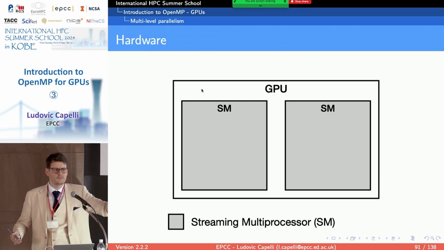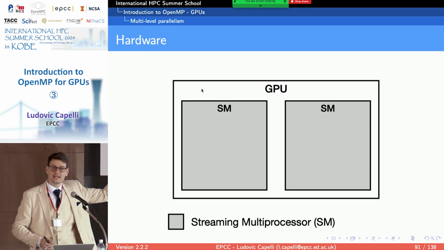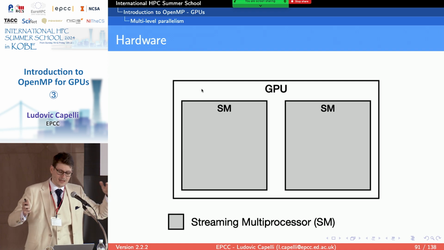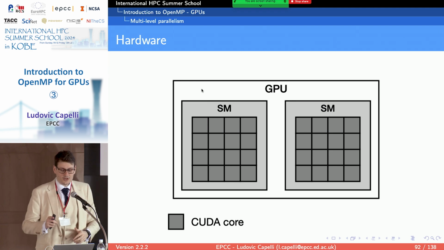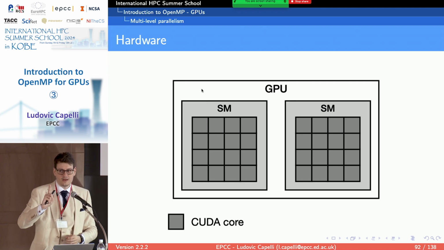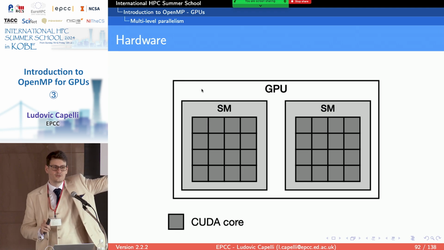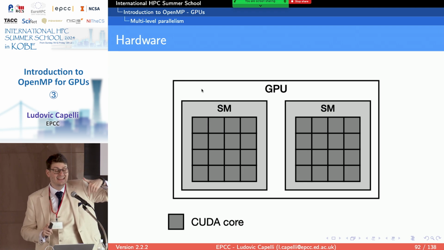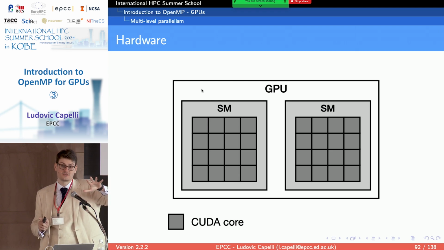It's the same on the GPU. You have many streaming multiprocessors, each of which has cores. We have multiple terminologies here. So we're going to have one level of parallelism to use the streaming multiprocessors and one level of parallelism inside each streaming multiprocessor to use all the cores.